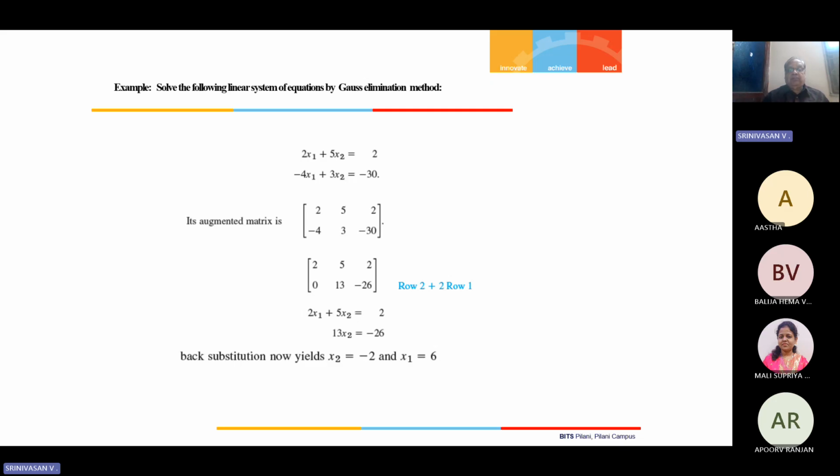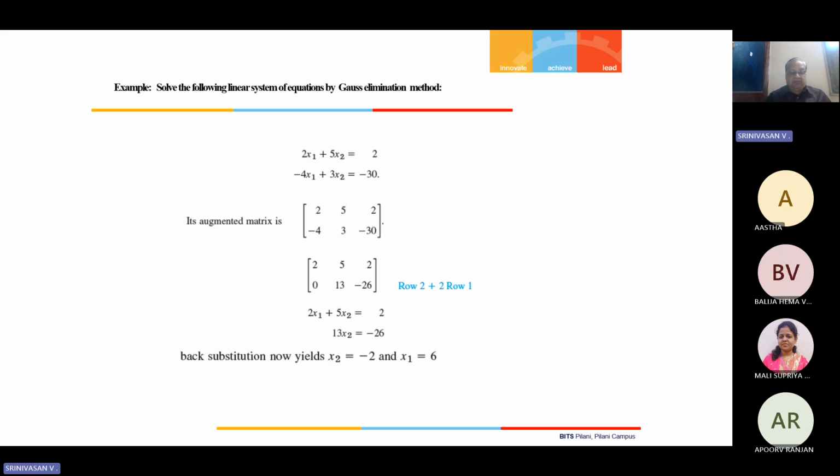So 2x1 plus, that is minus 10, 5 into minus 2. 2x1 minus 10 equal to 2. So 2x1 equal to 12. Therefore x1 equal to 6. Thus you are having x2 equal to minus 2, x1 equal to 6. Better, always you can finally write the solution in that order.